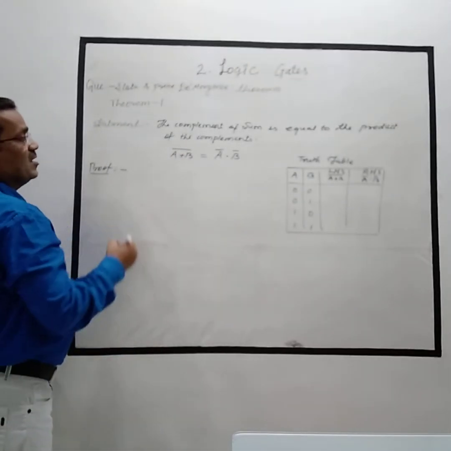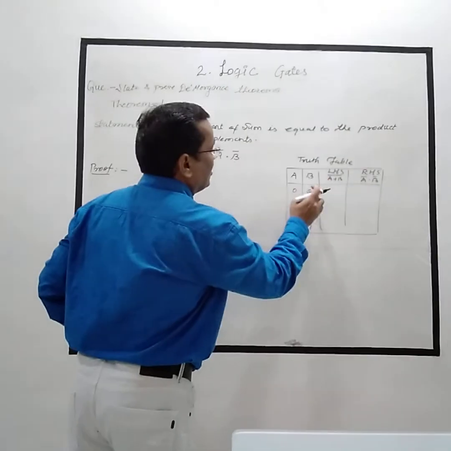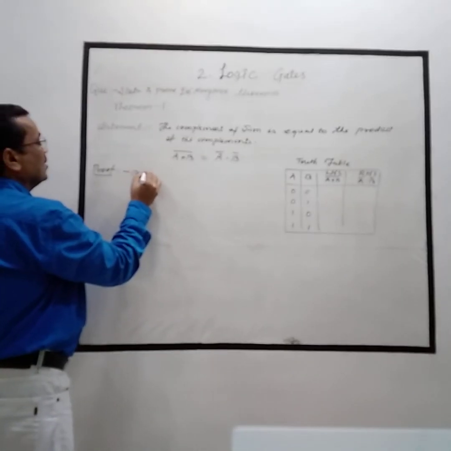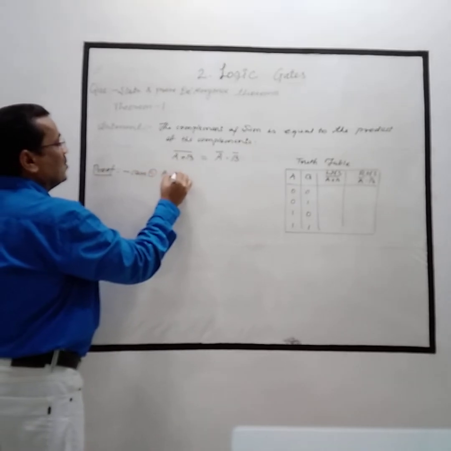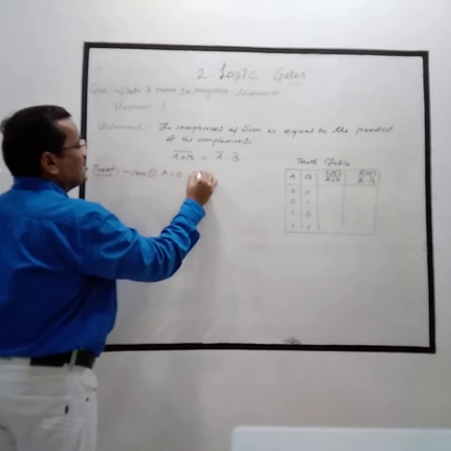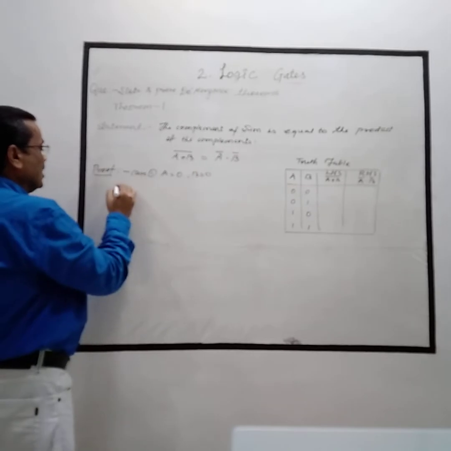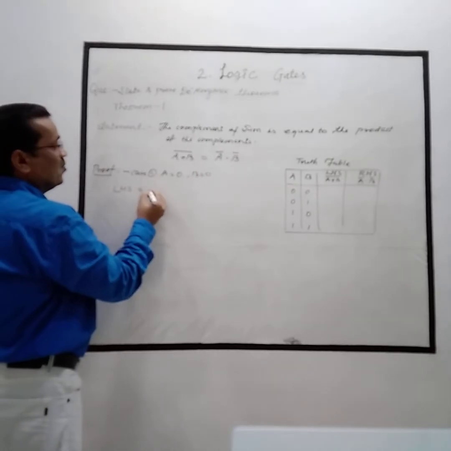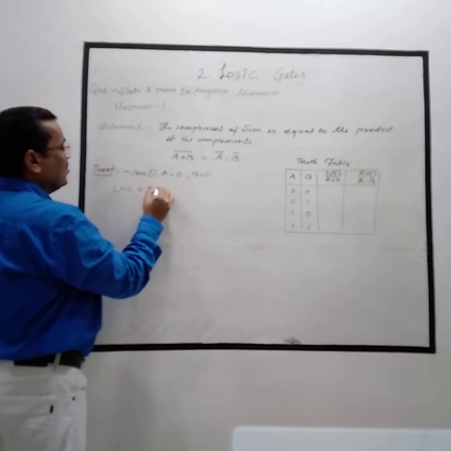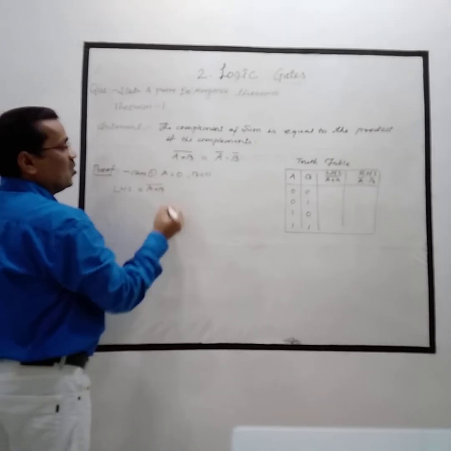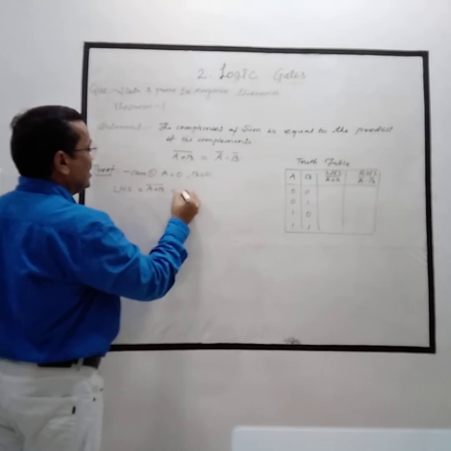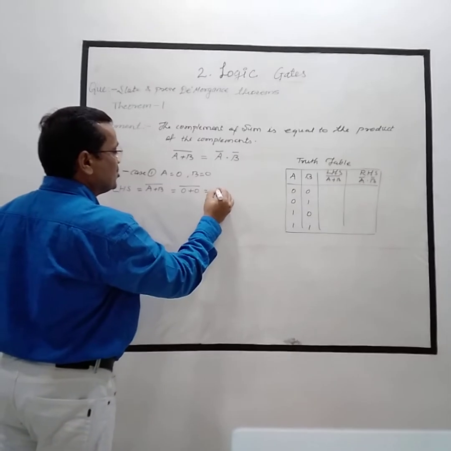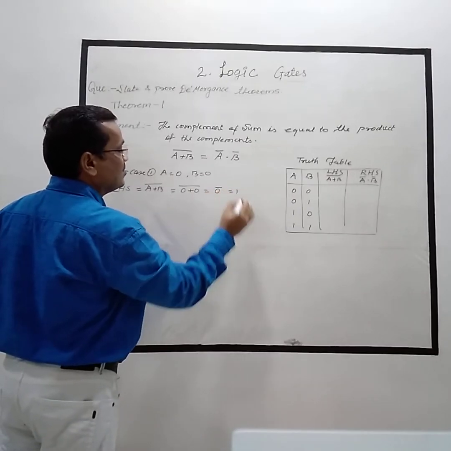So consider the first case: A is equal to 0, B is equal to 0. Here LHS is A plus B whole complement. A is 0, B is 0, whole complement. 0 plus 0 is 0, 0's complement is 1.